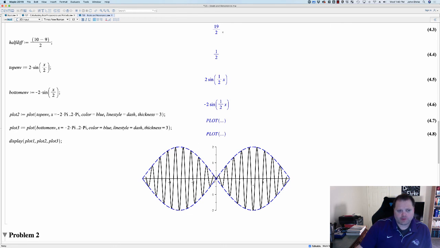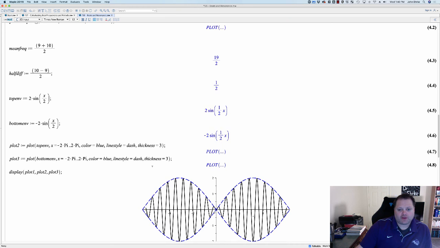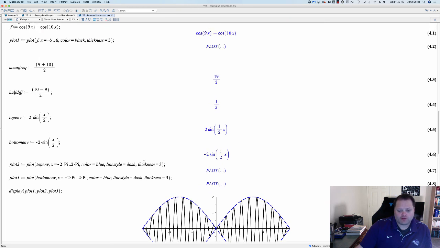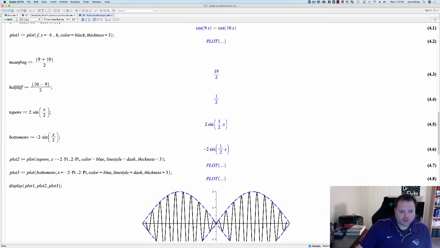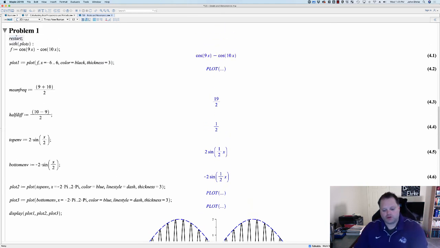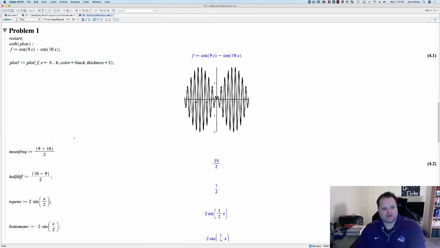So the beat frequency in this problem is 1/2. And you've got this shorter rapid oscillation that's occurring in here. Now, if we were to just plot the curve without the envelopes, the envelopes aren't actually a part of this. You don't actually see those.